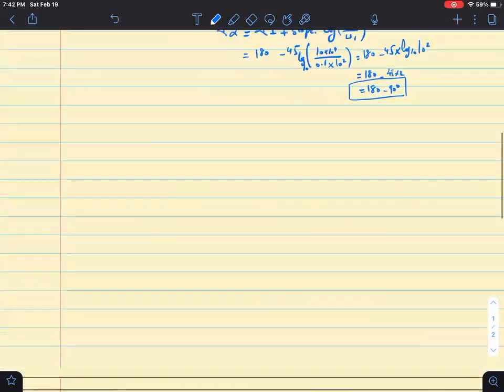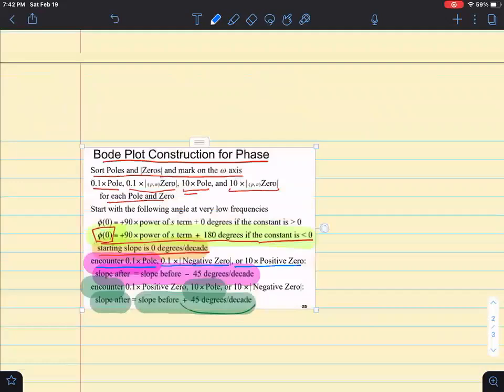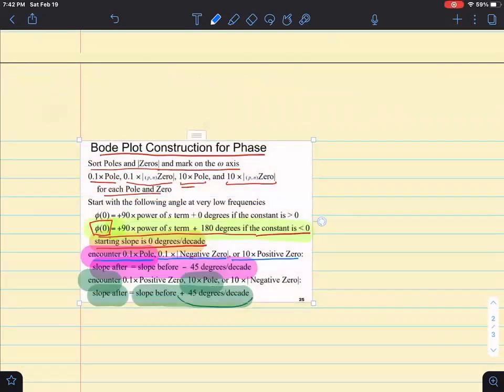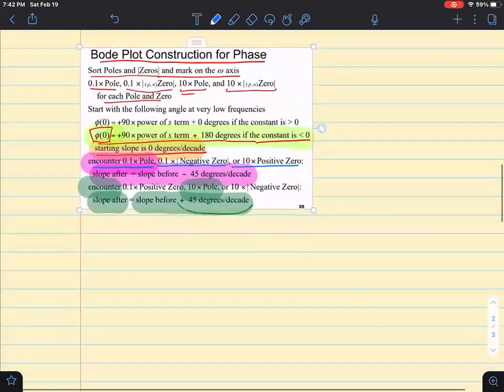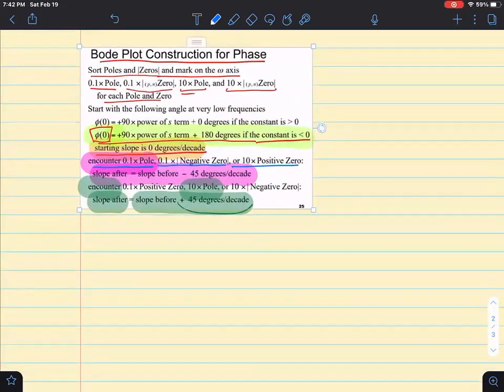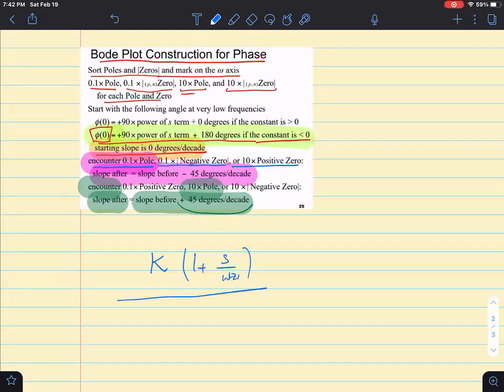Okay, so what matters really is that we are comfortable with the rules and that we know that the phase adds up. The first thing that we would like to have is that we are able to understand what's the constant, and if I have something in the form of, let us say, k times 1 plus s over omega z1 over 1 plus s over omega p1, to know whether my constant k is positive or negative, to know if I have any s terms that are brought to the numerator to some power n.